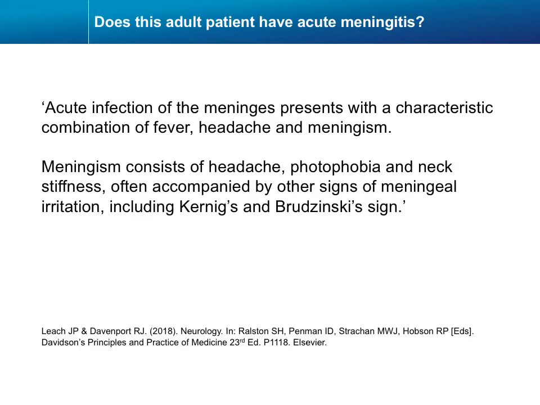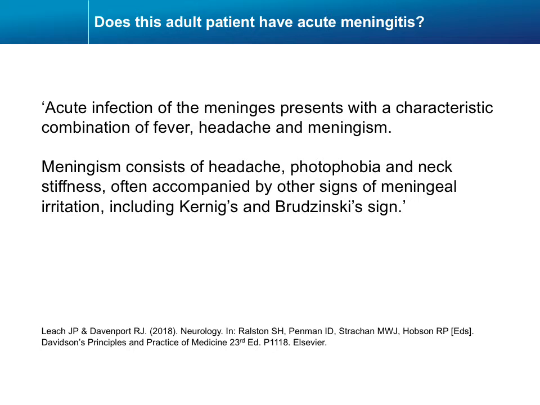Now, if you read a standard medical textbook for students, and here's an example from Davidson's, this is what you'll read. Acute infection of the meninges, in other words, meningitis, presents with a characteristic combination of fever, headache, and meningism.